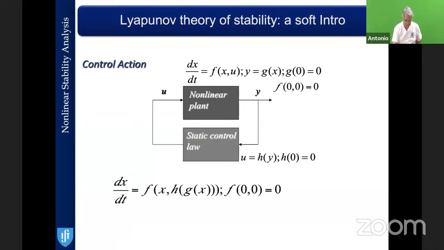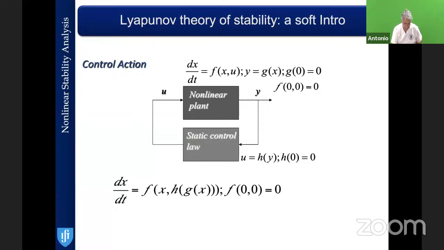When we put this together, what do you get? dx/dt is equal to f. So you see there's a u there, so it's a function of x and u. But u is h of y and y is g of x. So you have f of x and now h of g of x. So now you have an equation where the u vanished.